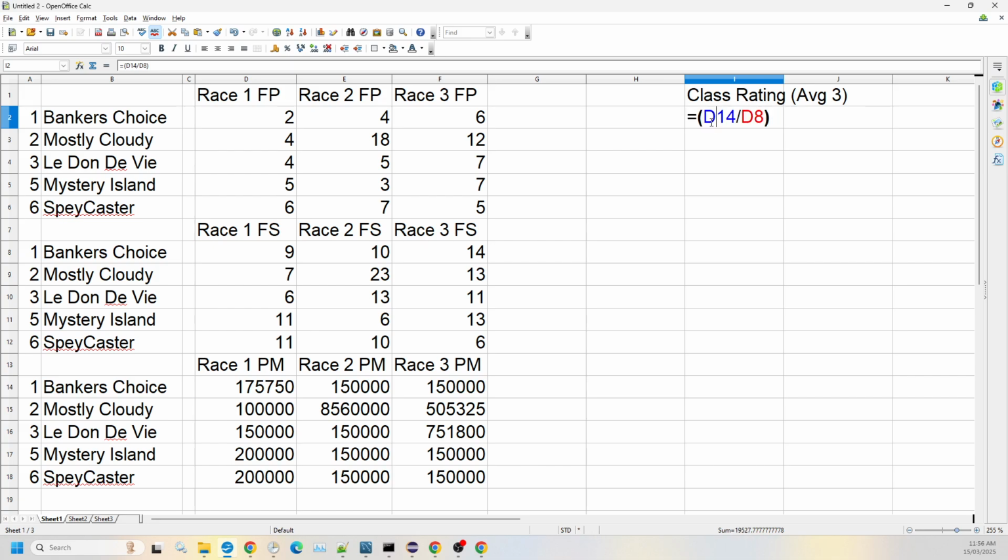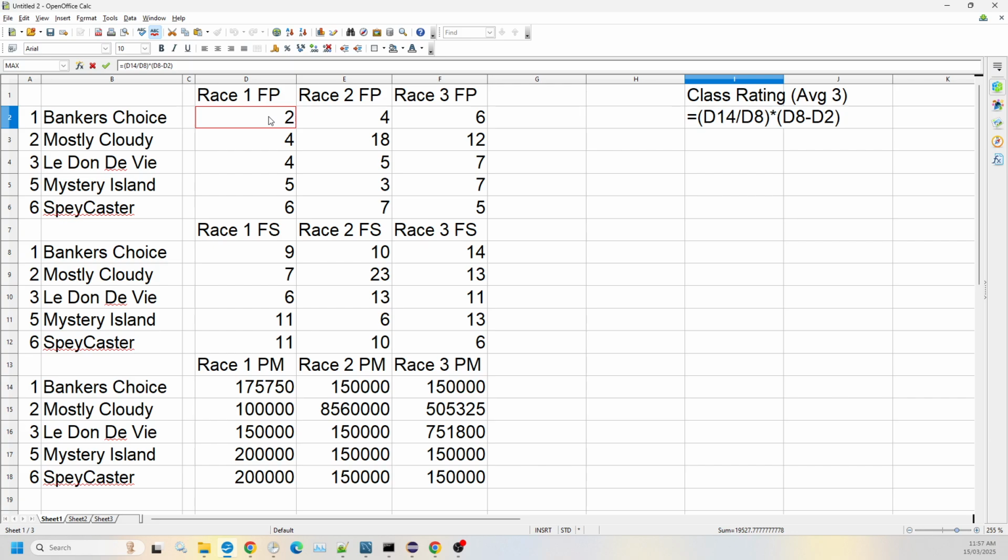It turns out to be about 20,000 per horse. And then we're going to times that by how many horses this one beat. So it will be the field size minus the finishing position.